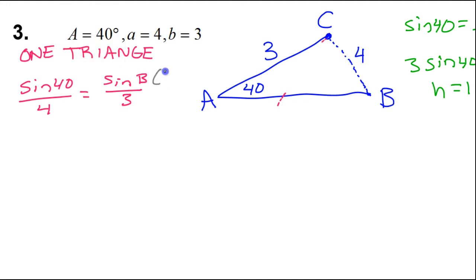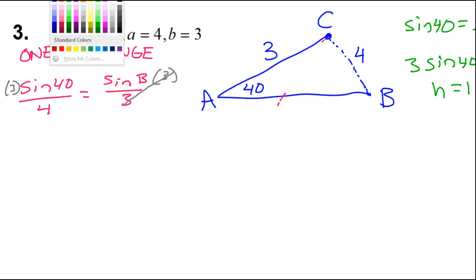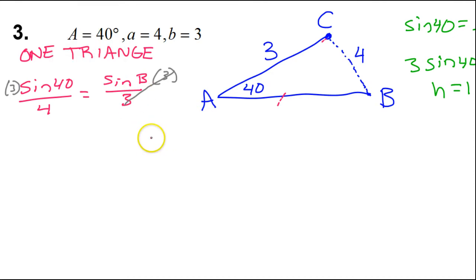If I multiply both sides by 3, then these are going to cancel each other out. So now I have sine B. But I don't want sine B, I want just angle B. If you want the angle out of this, you need to do the inverse sine.